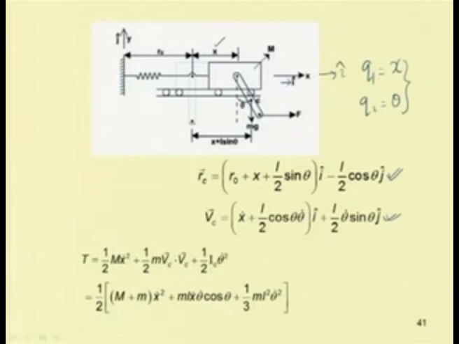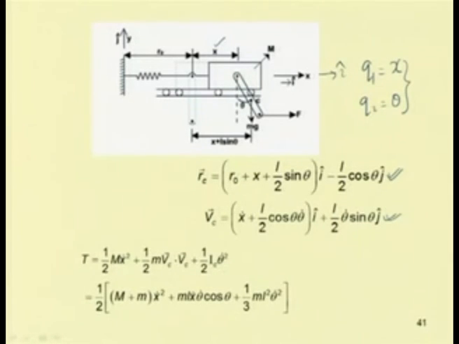So, the kinetic energy of the system can be written as half m x dot square, where m is the mass of this cart, plus half m v c dot v c, where v c is the velocity of point C. As this point has both translation and rotation, its kinetic energy is the kinetic energy due to translation plus that due to rotation.